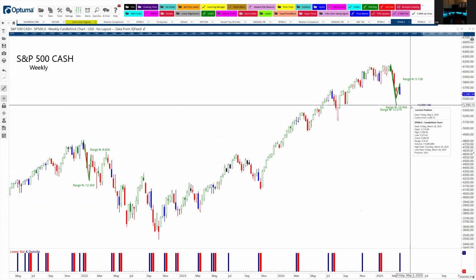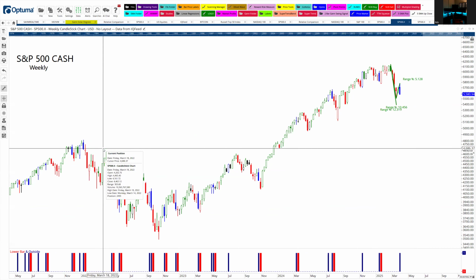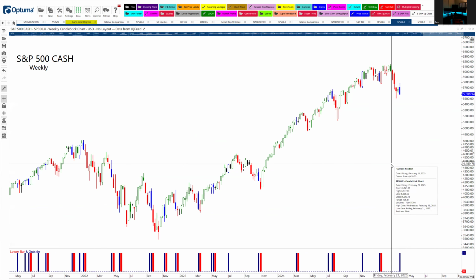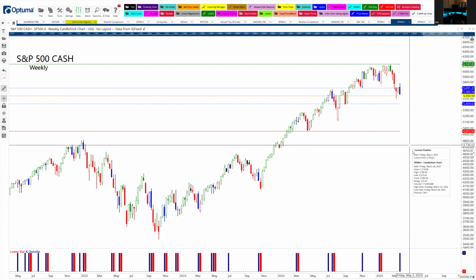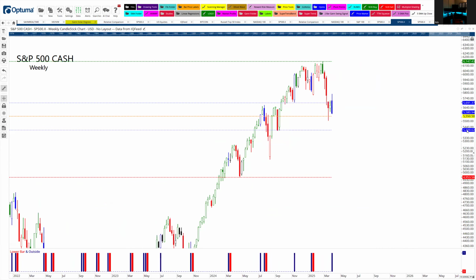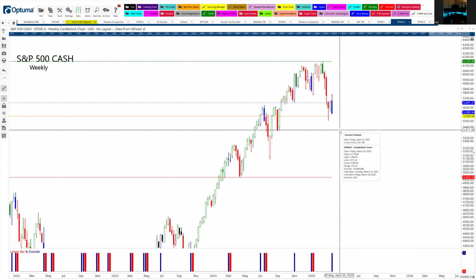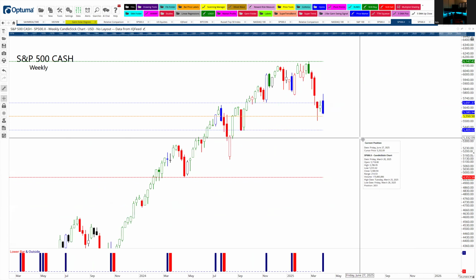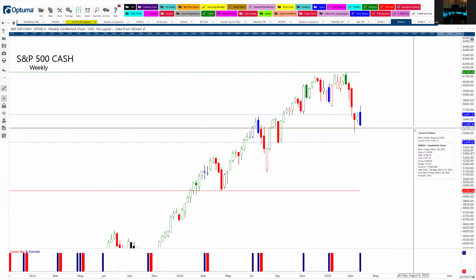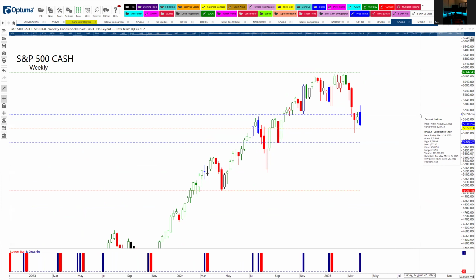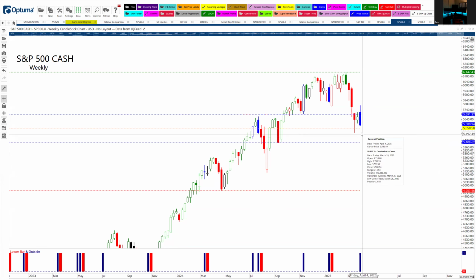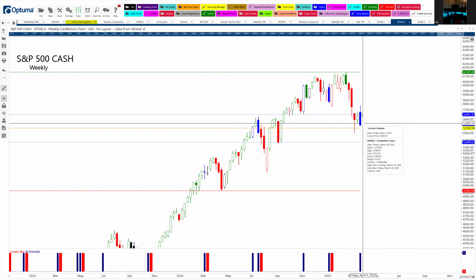That 5400 is the same zone as this 5400, 5409, right there. 5550 is the midpoint. Upper is 5691. So we're right here in the middle.